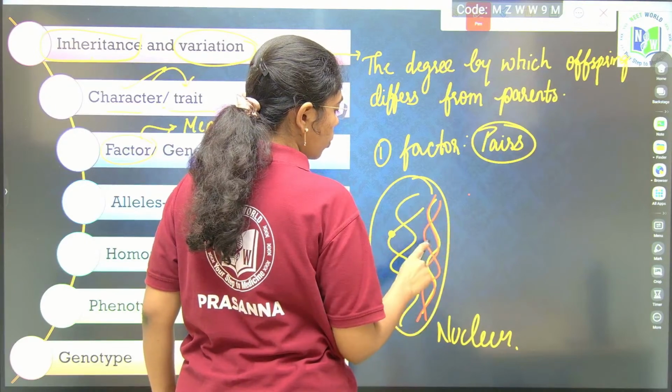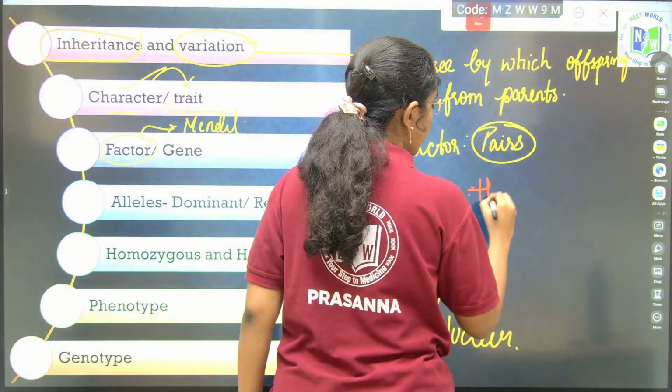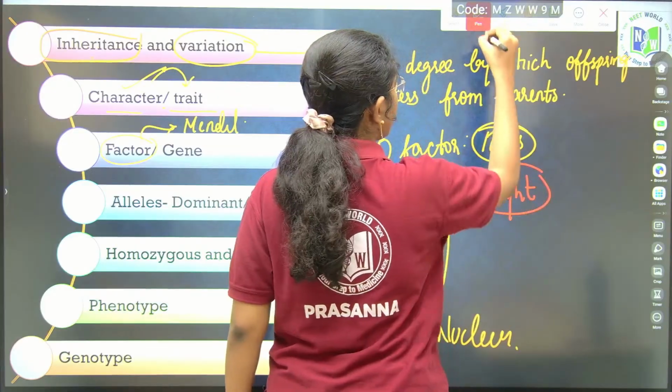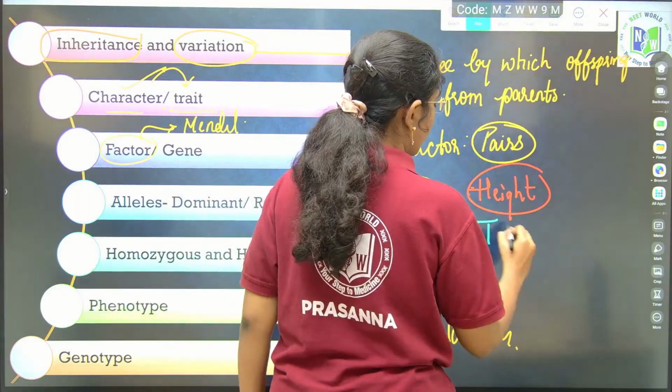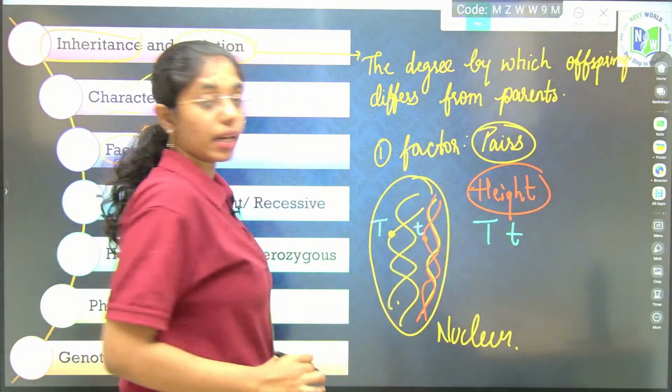These two are homologous chromosomes. For example, let us assume height only, wherein capital T and small t. Here one chromosome codes for capital T, another for small t.